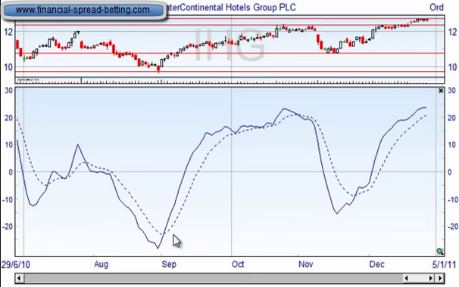And this indication is a very strong one here. It reached an oversold position and then crossed, and then that's a signal to buy.